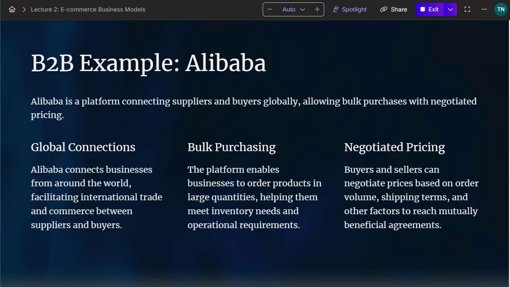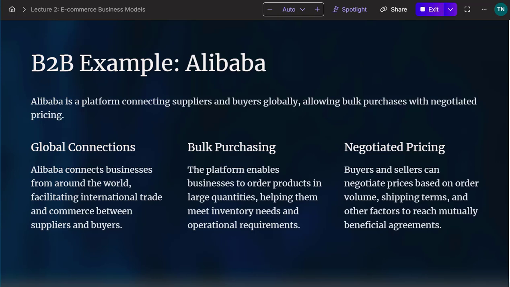Alibaba, an example of B2B. Alibaba is a leading B2B platform that connects businesses globally, enabling international trade and commerce. The platform allows companies to purchase products in bulk, helping them meet their inventory and operational needs. Buyers and sellers can negotiate prices based on factors like order volume and shipping terms to reach mutually beneficial agreements.